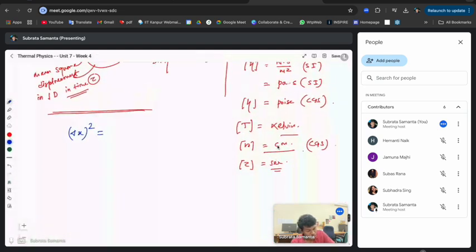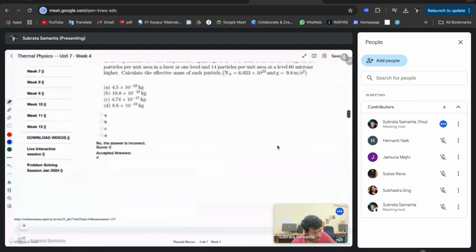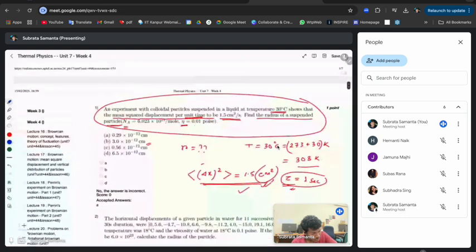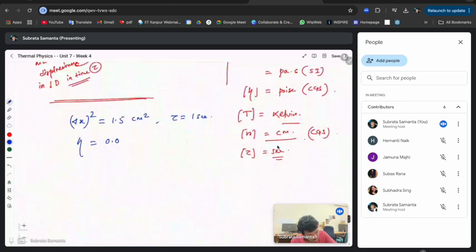So when tau equals 1 second, the coefficient of viscosity eta is 0.01 poise, and the temperature T is 303 Kelvin.